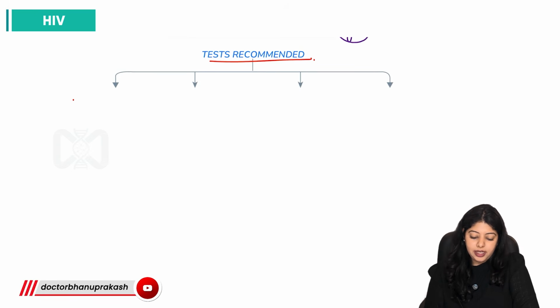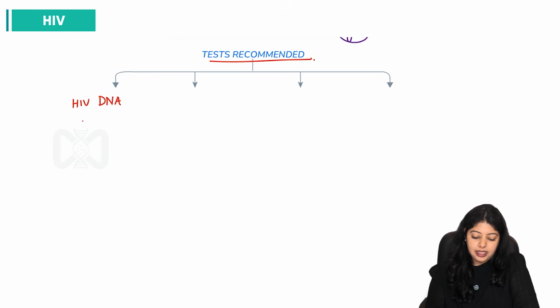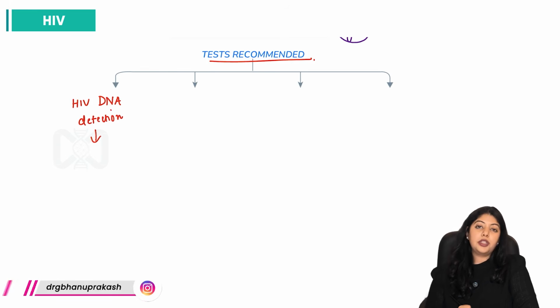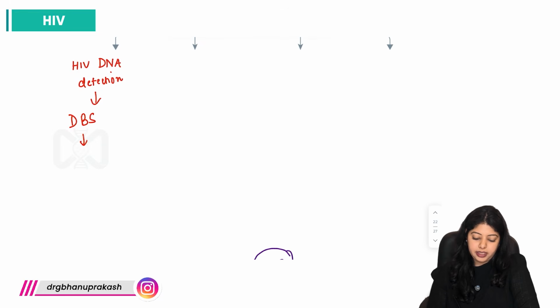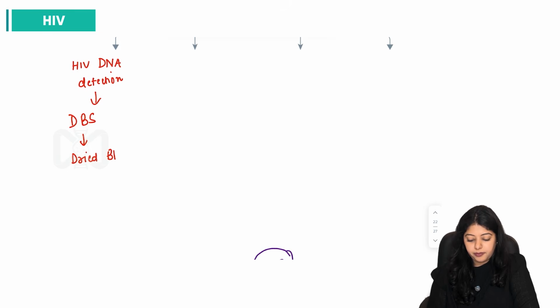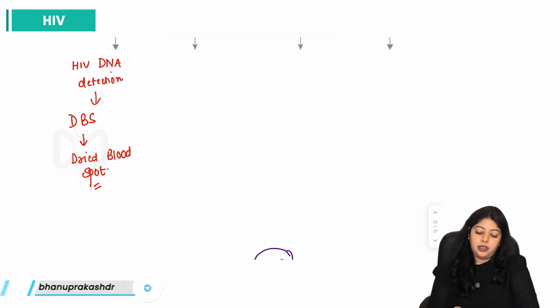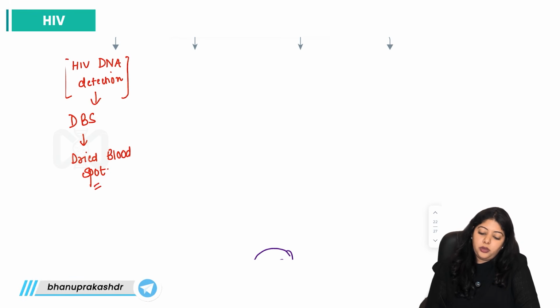First things first, it is the HIV DNA test, DNA detection, which is done by DBS or dried blood spot test. Then we can also do HIV RNA detection.